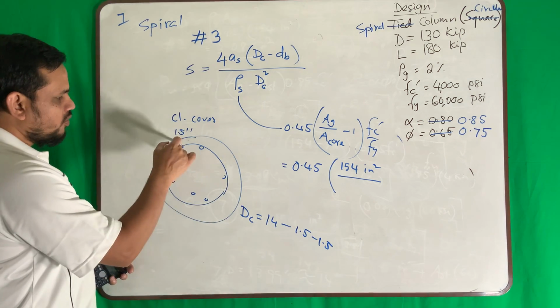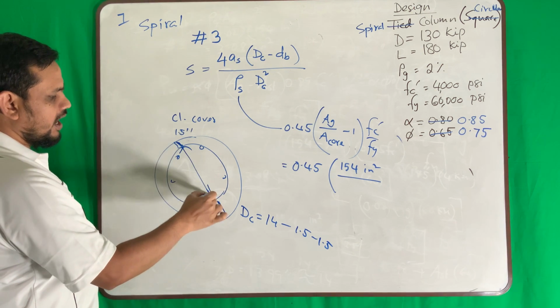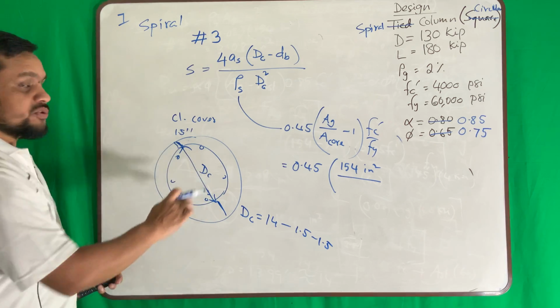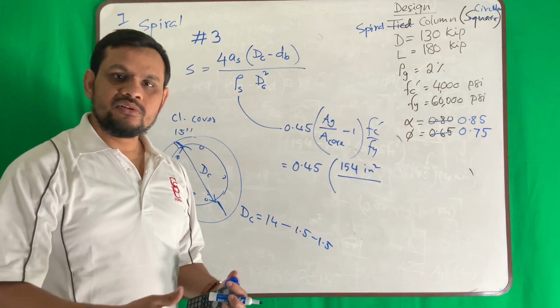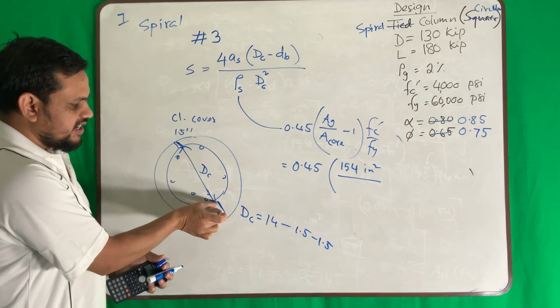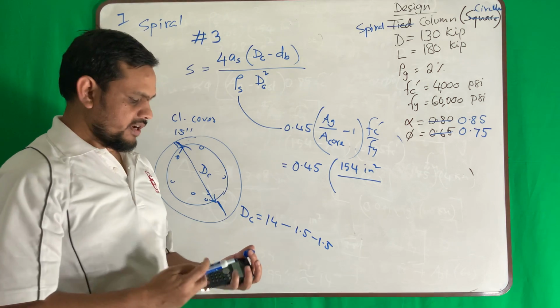Dc is the out-to-out spiral, that means outside spiral to outside spiral. So deduct only the clear cover, 1.5 inch, 1.5 inch.